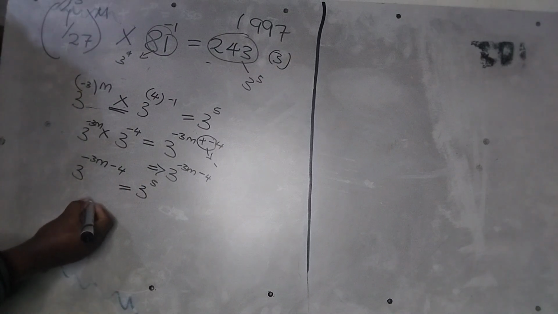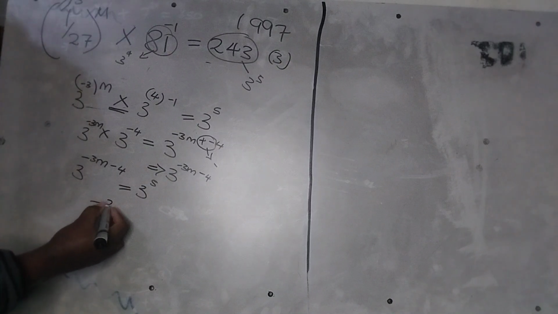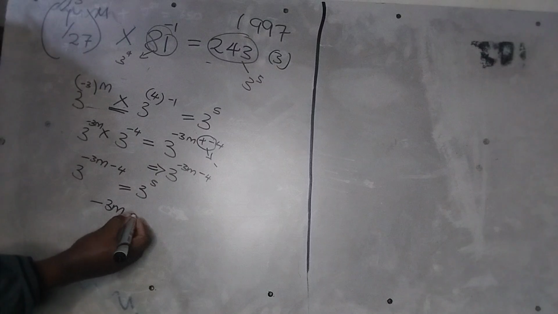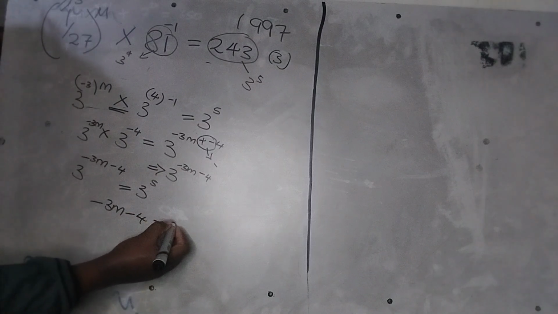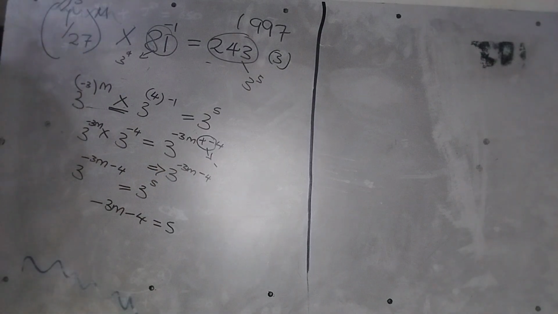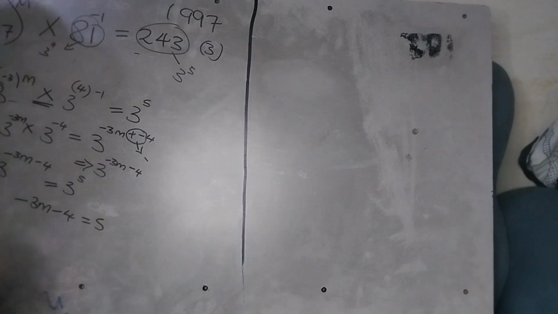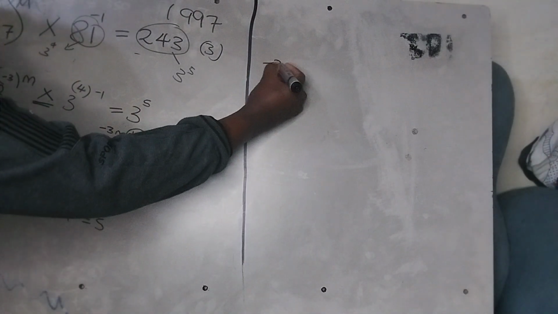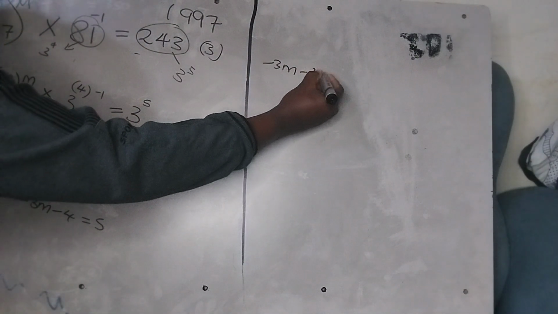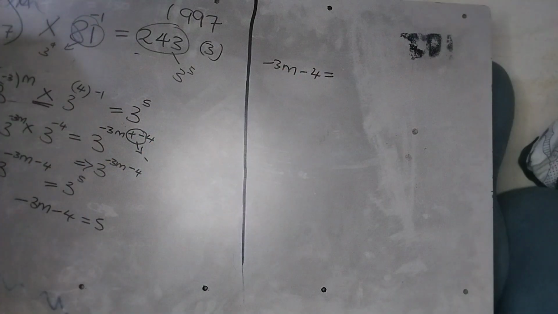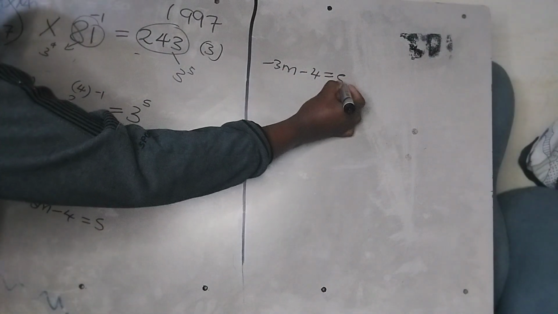So in short, we have minus 3m minus 4 is equivalent to 5.